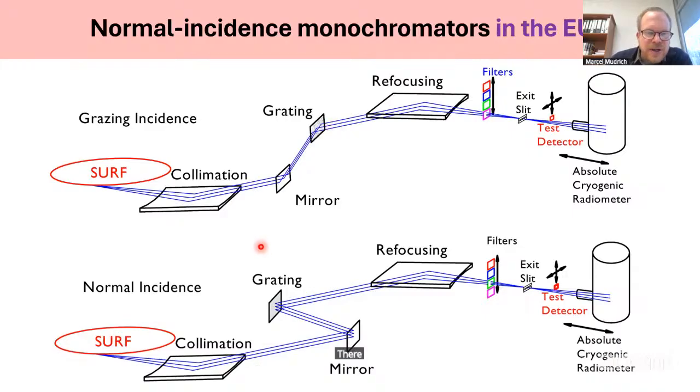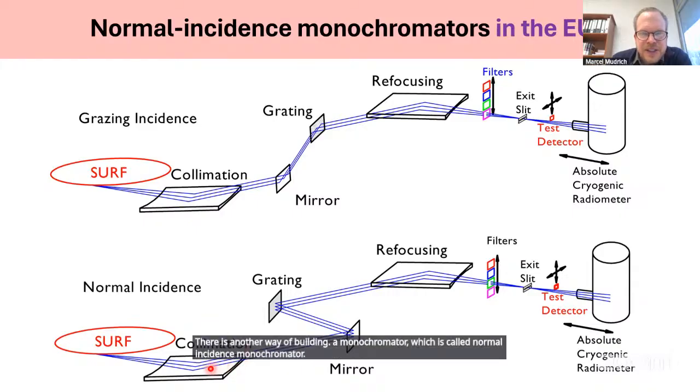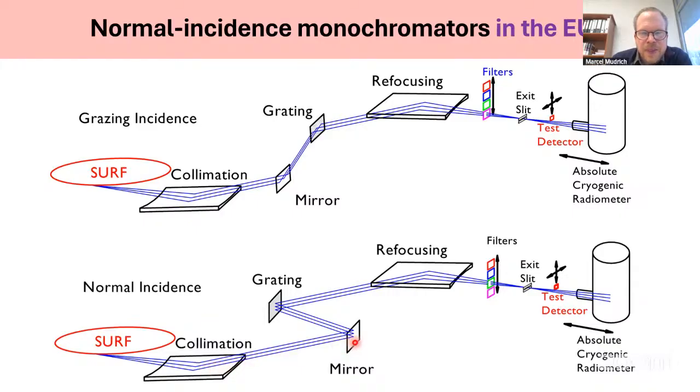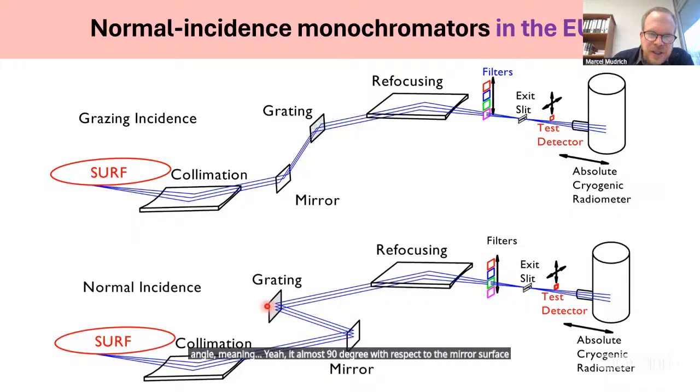There is another way of building a monochromator, which is called a normal incidence monochromator. Here, the beam is reflected at near normal angle, meaning at almost 90 degrees with respect to the mirror surface, and the diffraction on the grating also happens at nearly normal incidence.